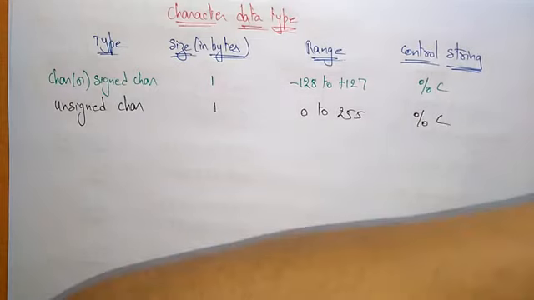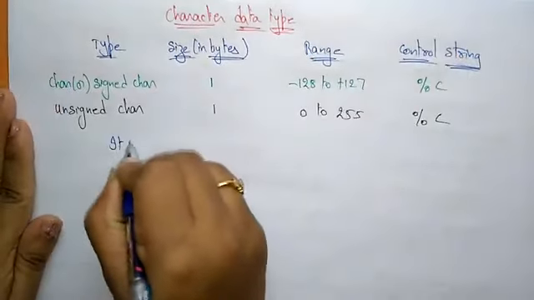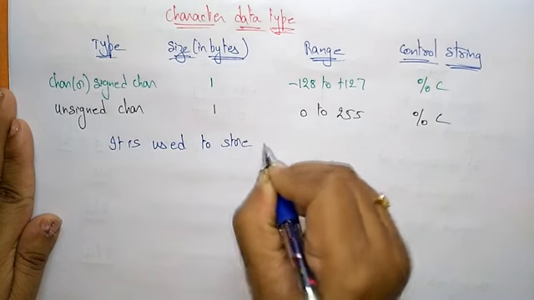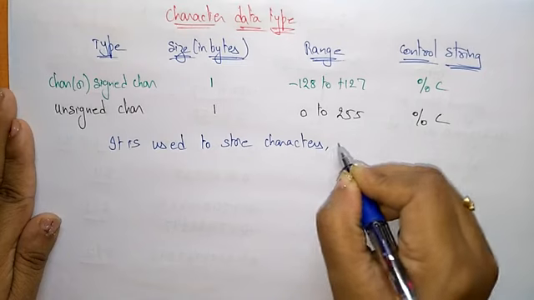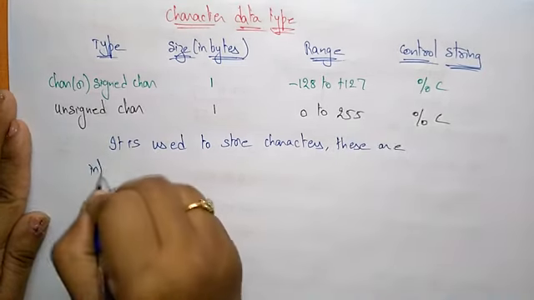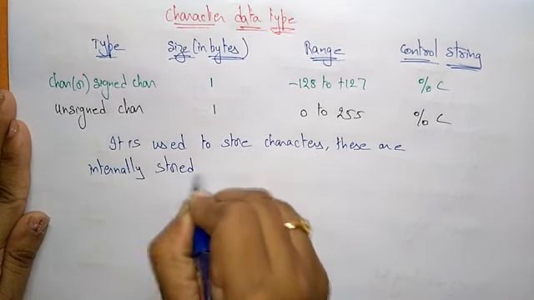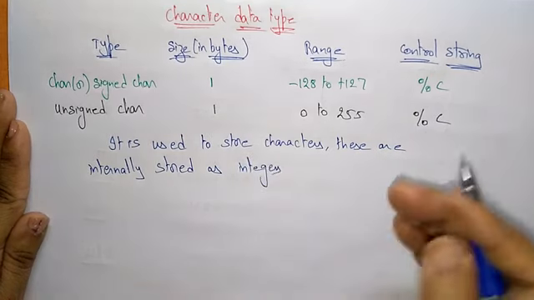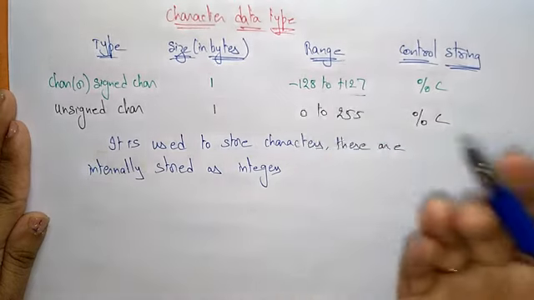This character data type is used to store characters. These characters are internally stored as integers, so the range is the same as for integers.